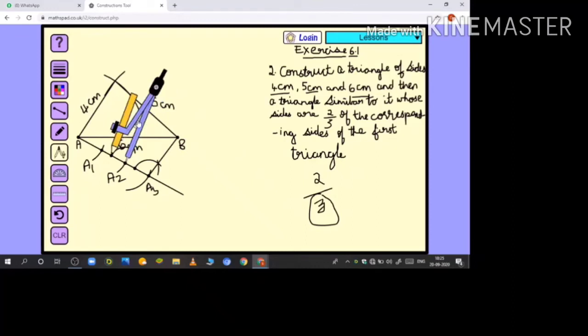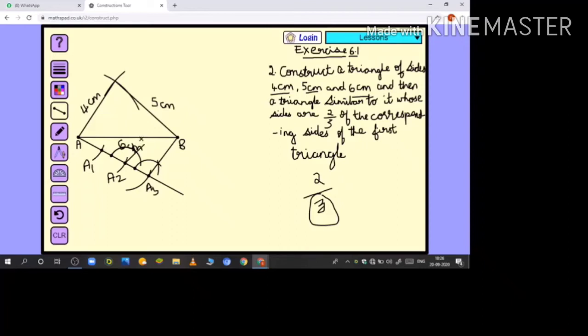Now, next step, join A2 and the point obtained, and then extend A2 to meet AB at point B dash.